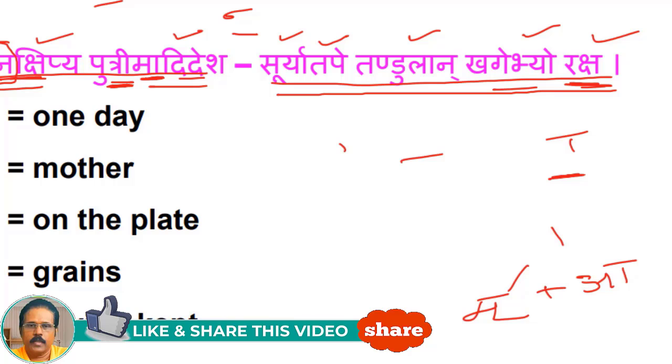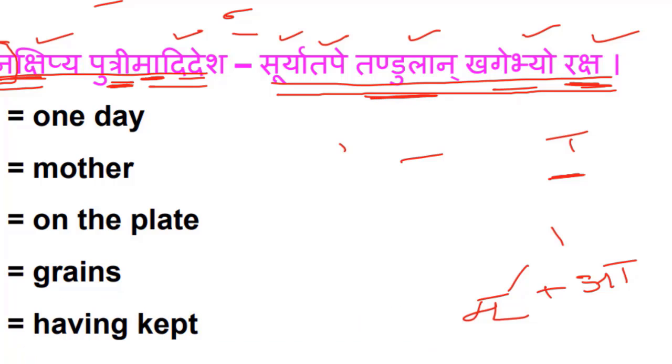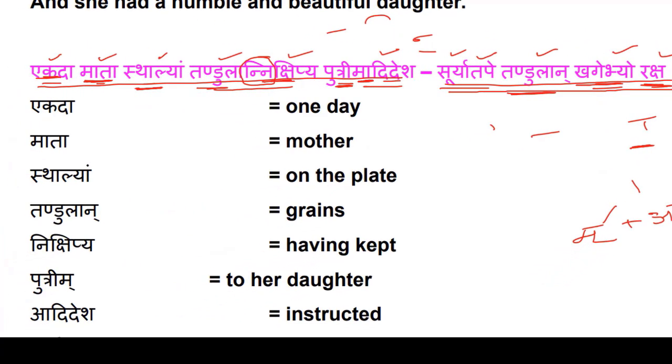What? Tandulan, these grains you protect. Which grains? Surya Tape, which I have kept in the sun. The grains you protect. From whom? Gegebhyo, from the birds.